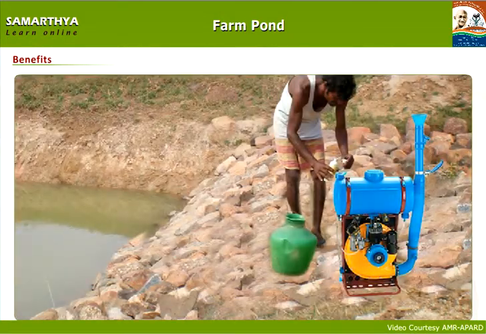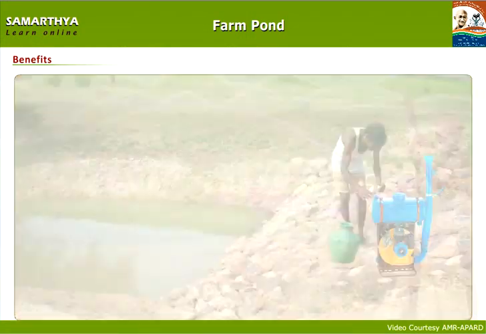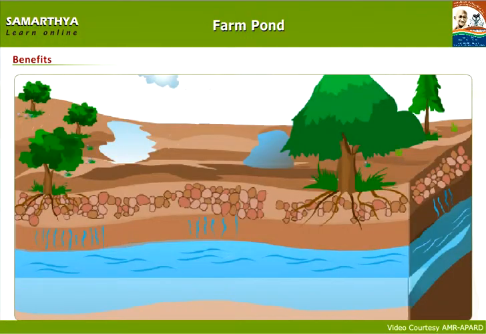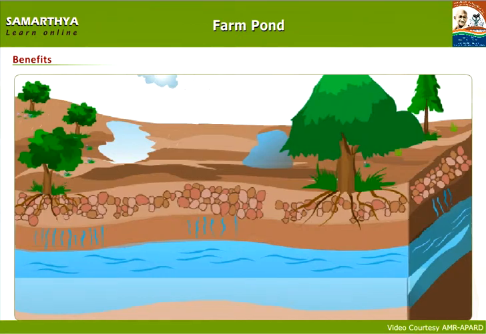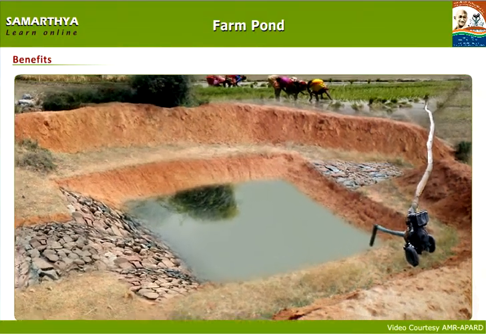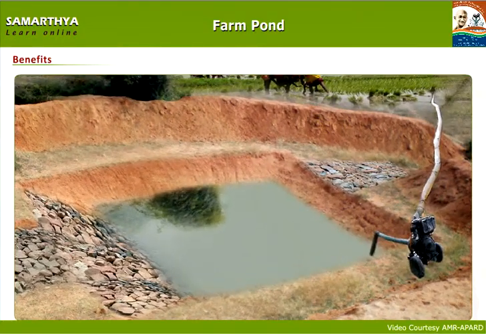Water needed for using pesticides can be obtained from these farm ponds. Excess rainwater from the fields can be stored, which gets absorbed in the land and increases the groundwater table. Water stored in this method can be used for emergency irrigation.